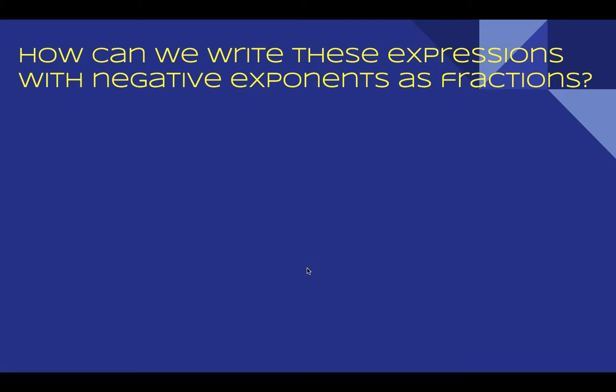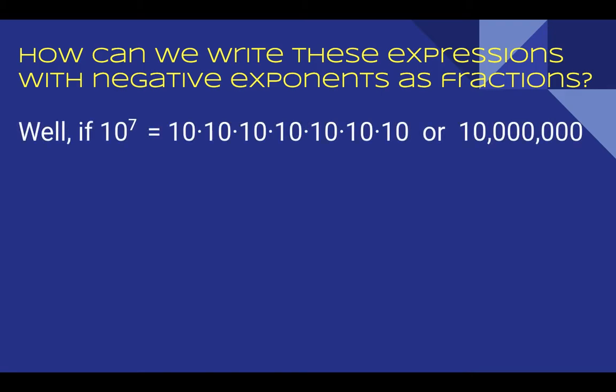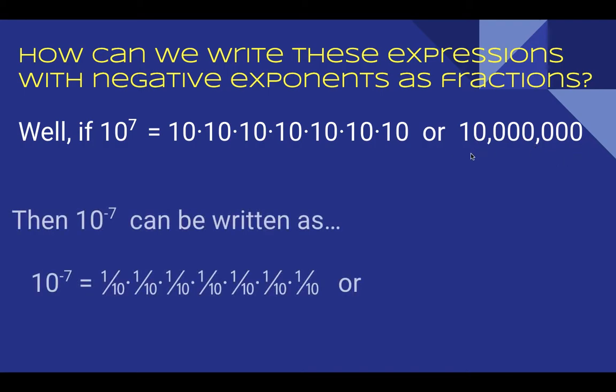So how can we write these expressions with negative exponents as fractions? If we knew 10 to the 7th is 10 times itself 7 times, or 1 with 7 zeros, 1, 2, 3, 4, 5, 6, 7, that would be 10 million. Then 10 to the negative 7, remember what we said when we're dealing with negative exponents, we're really multiplying by 1/10.